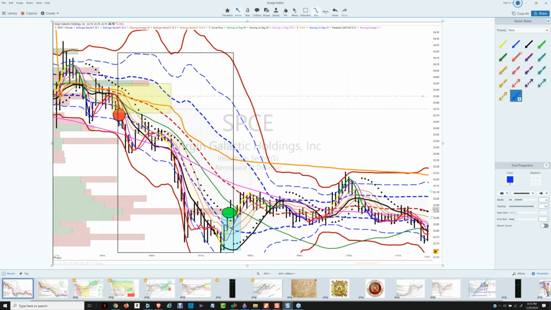So let's take a look at this. This dotted red line reflects yesterday's close at 23.85. The blue line at 23.75 is the open.